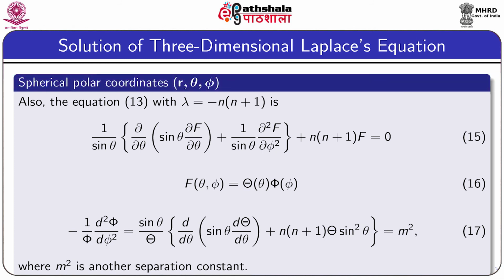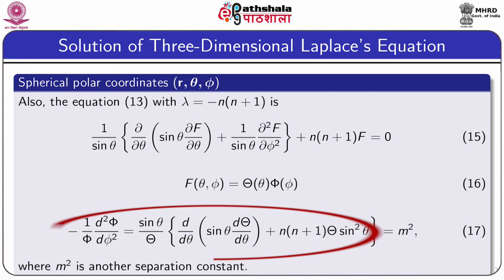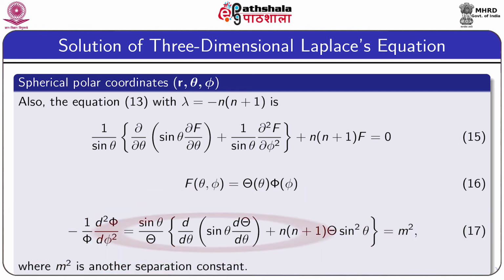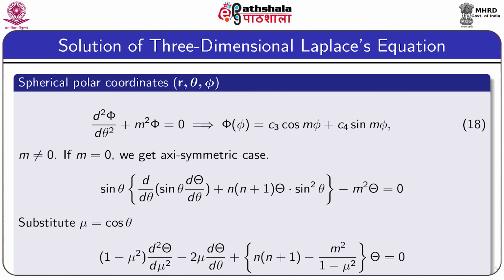Here we are separating the variables phi and theta. On the left hand side we have only a function of phi, and on the right hand side only a function of theta. We equate the left hand side to m square, and this expression also equal to m square, and we get two equations which are written here.